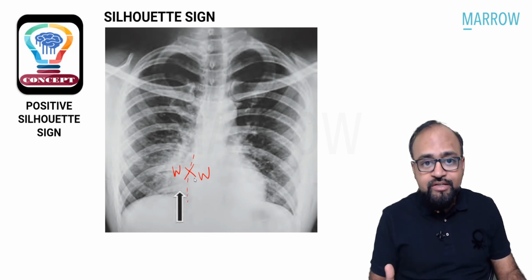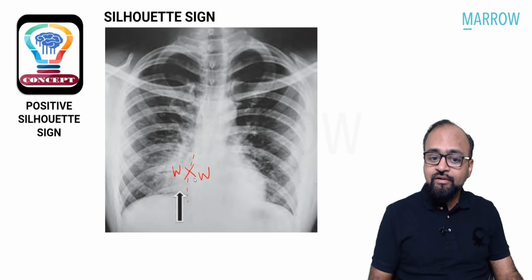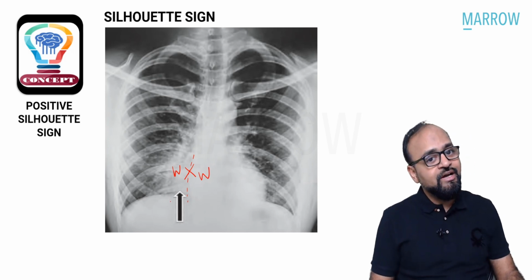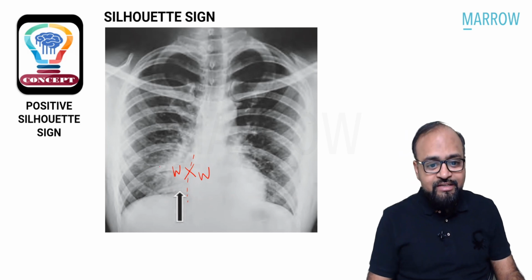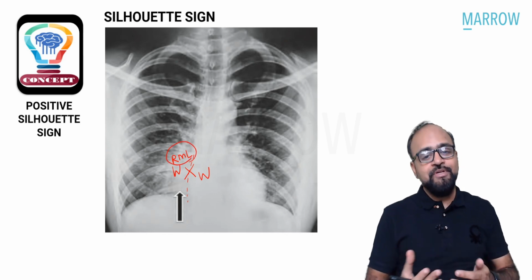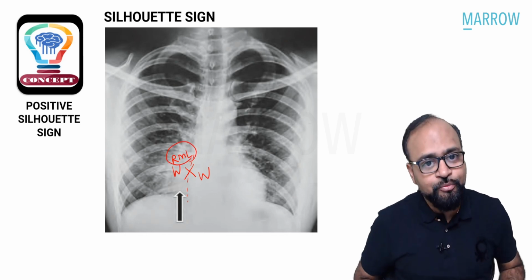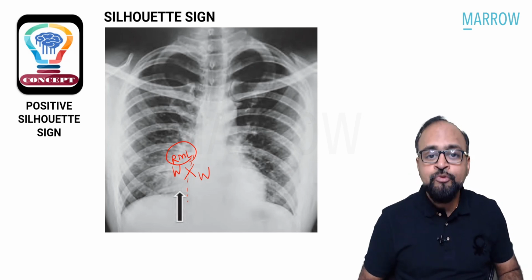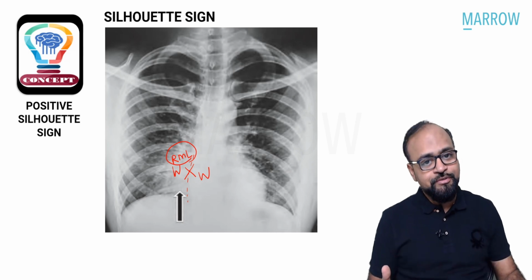Which part of the lung is involved here? It is the part of the lung which lies immediately adjacent to the right heart border, and that is nothing but the right middle lobe. So this is right middle lobe consolidation, and this was the answer to this particular question in this NEET-PG exam. So it was right middle lobe consolidation.